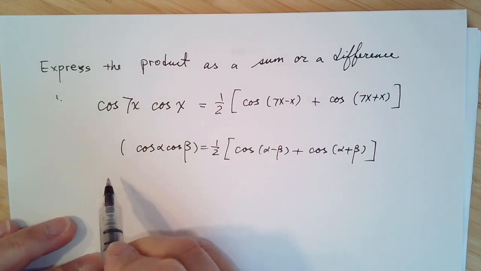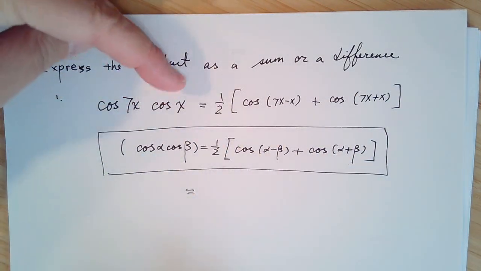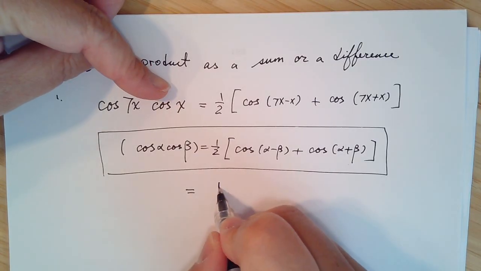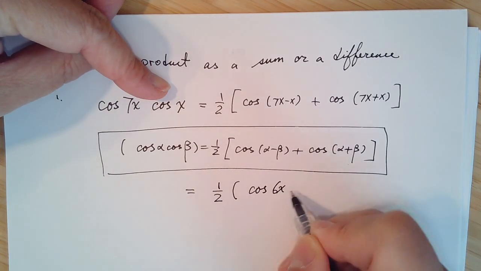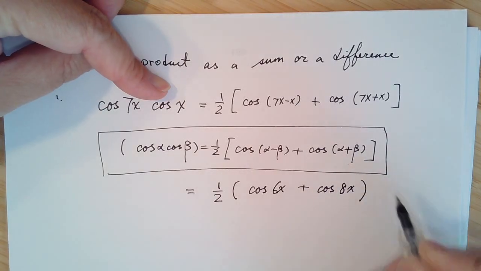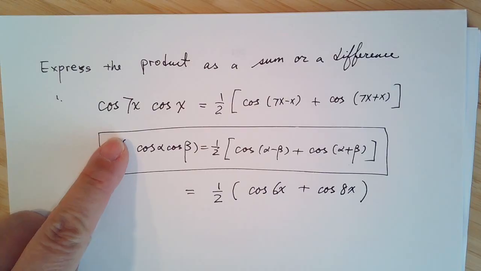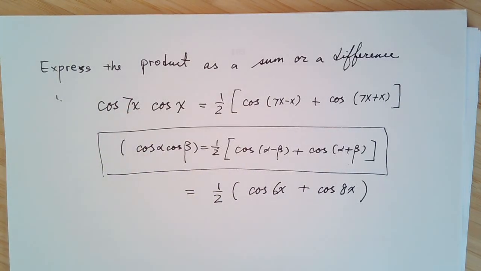Okay, so this is your formula. We just leave it there. The answer for this question will be 1/2 of cosine 6x plus cosine 8x. So you changed the look from product to sum.